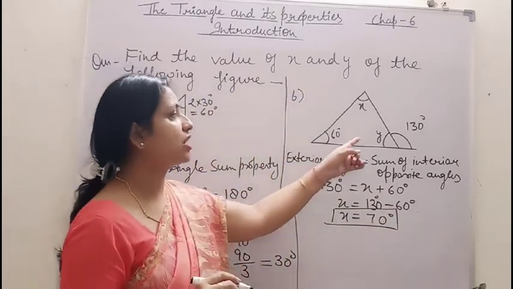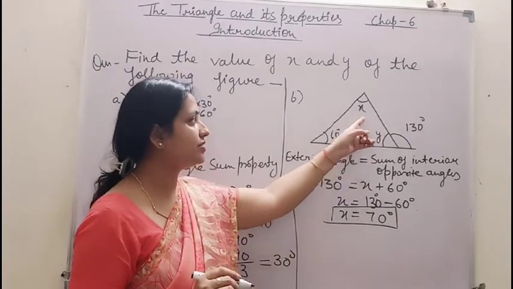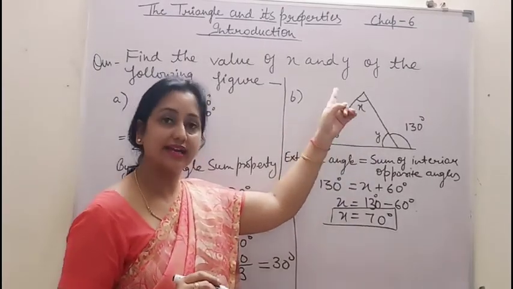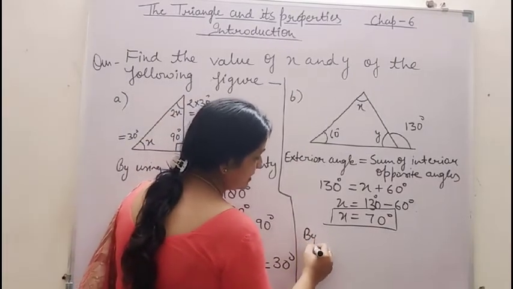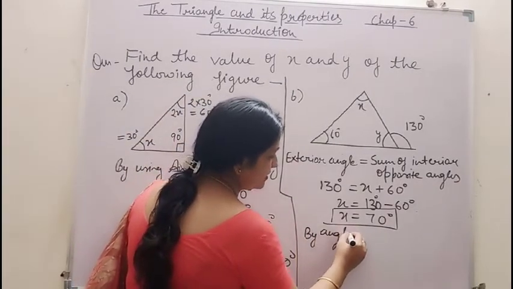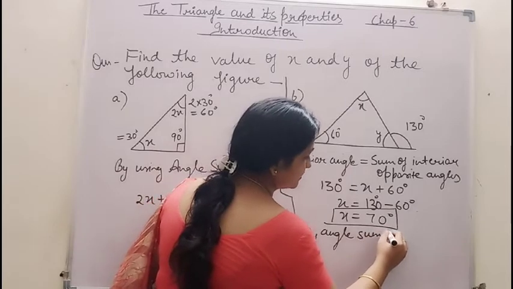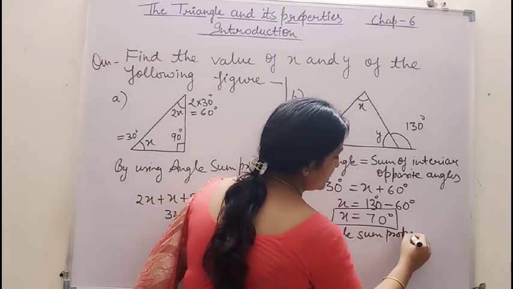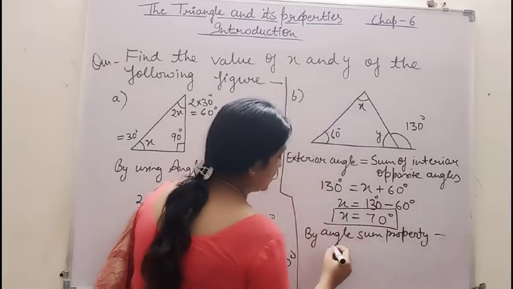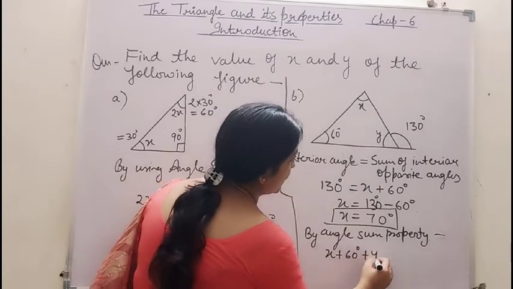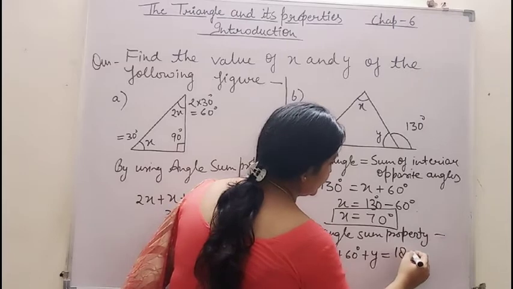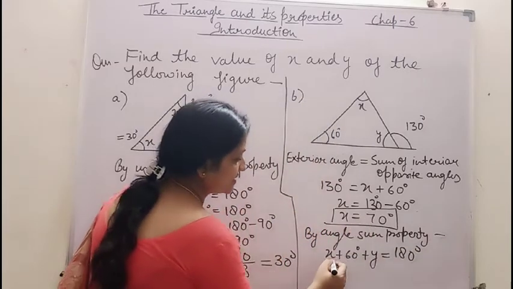Now we have to find out the value of y. Again, we know that the sum of all angles of a triangle is equal to 180 degree. So by angle sum property, x plus 60 degree plus y is equal to 180 degree. We know that the value of x is 70.